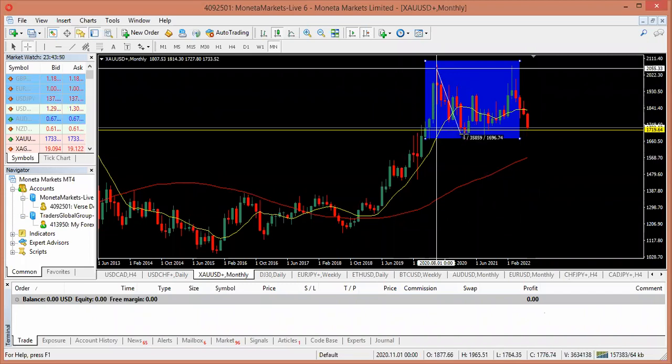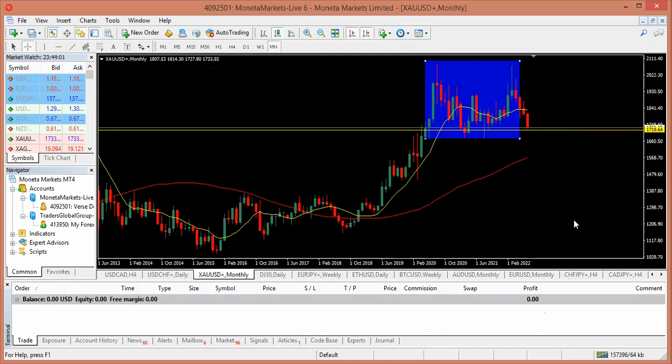It got here, it went up, came down, went up, came down. And it has not gone down again. So within this rectangle, the price is ranging. So it's a ranging or consolidating trend.